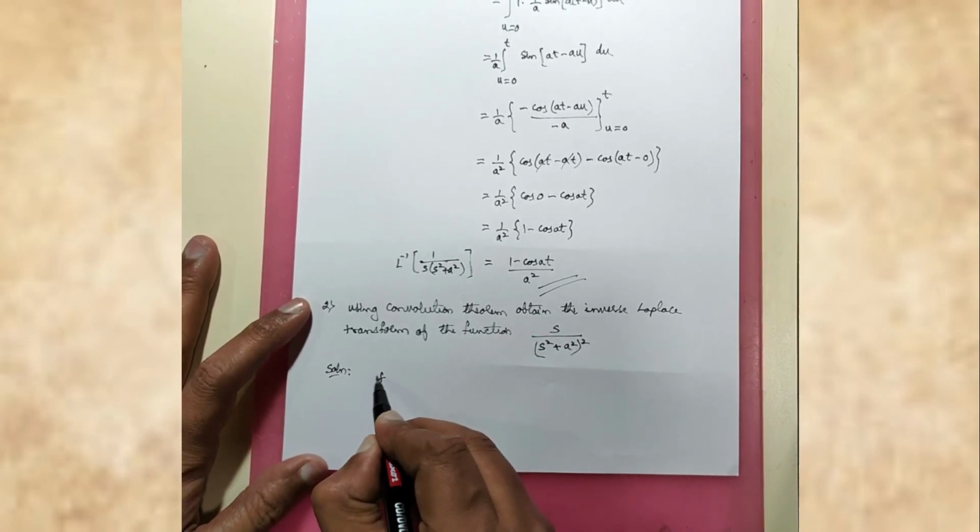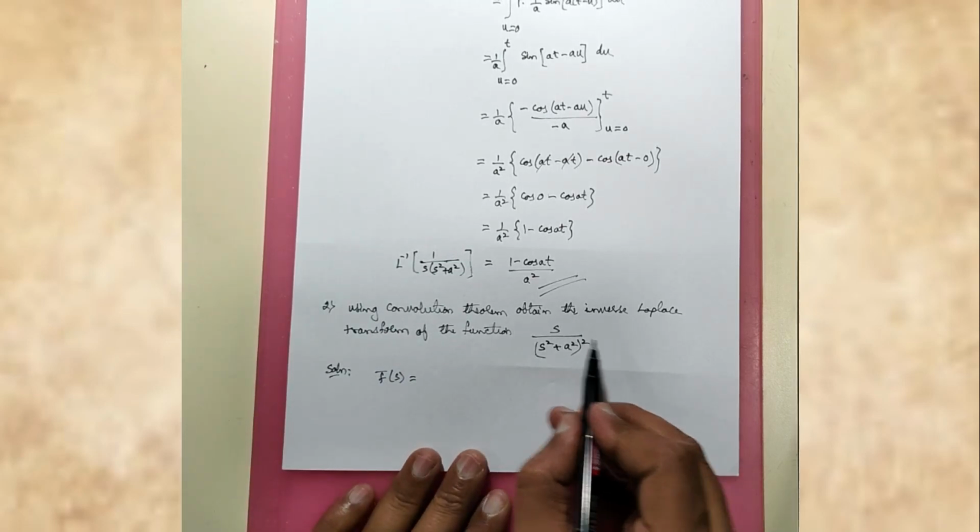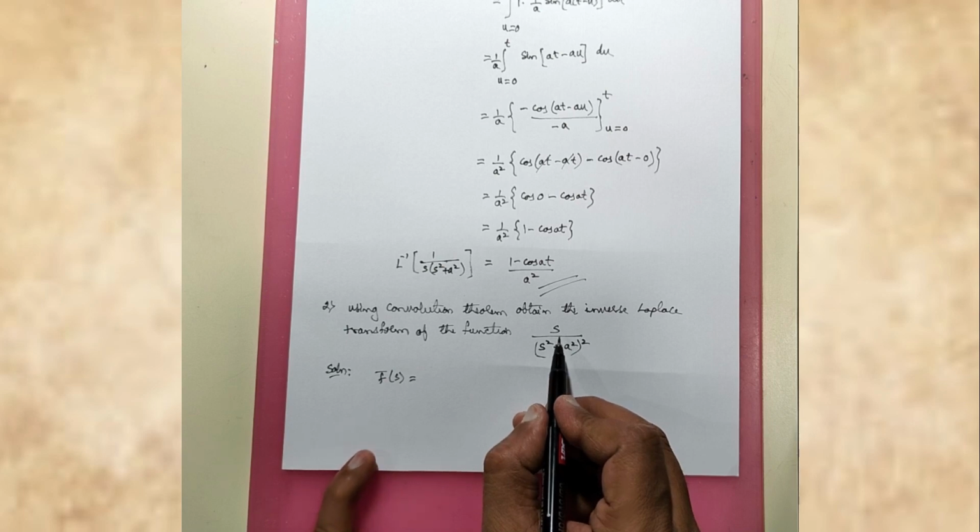So once again you have to write down the value of f bar of s as well as g bar of s. So how can I write this, because only one s is there?